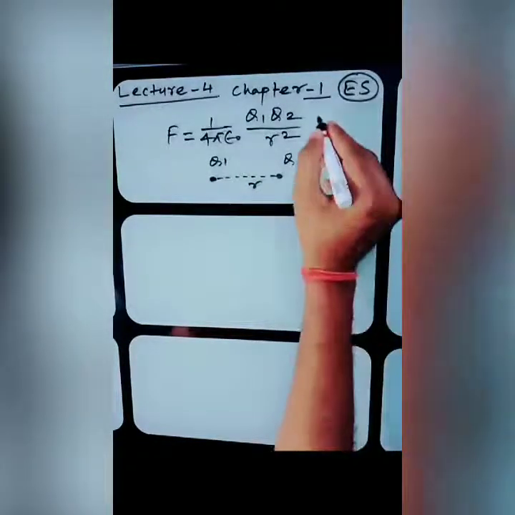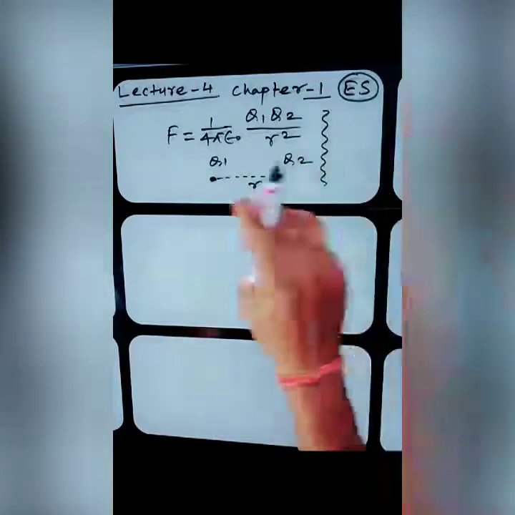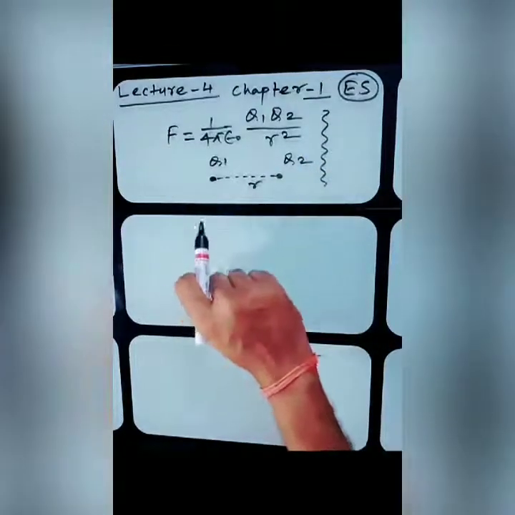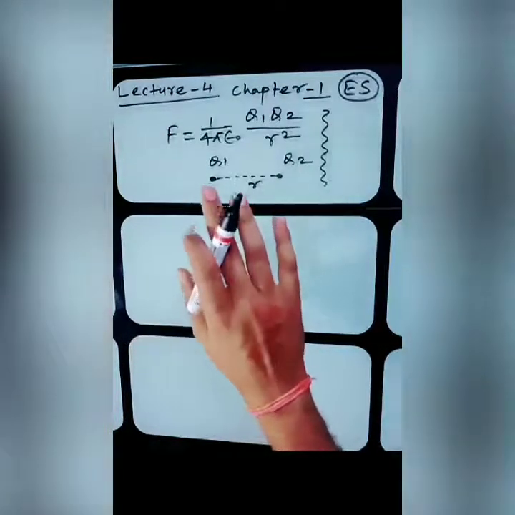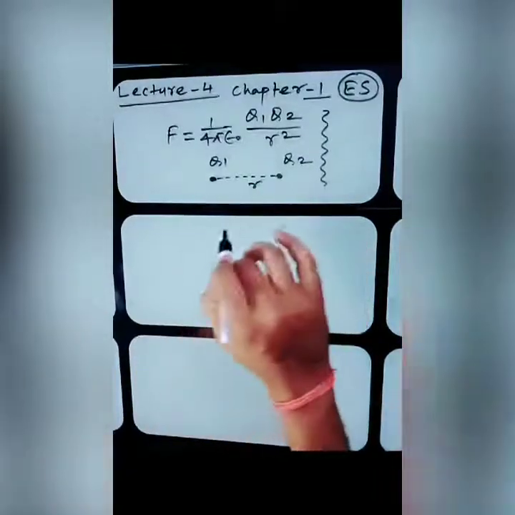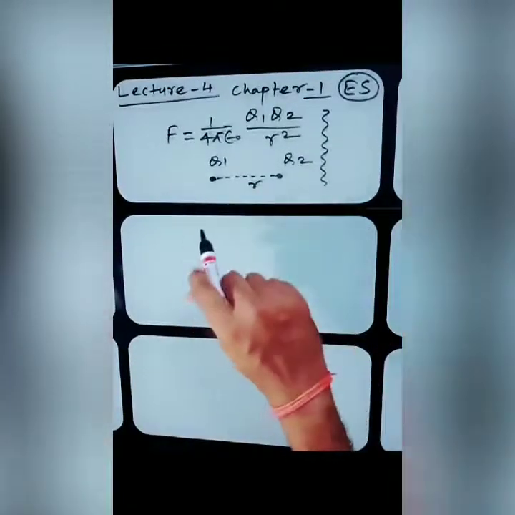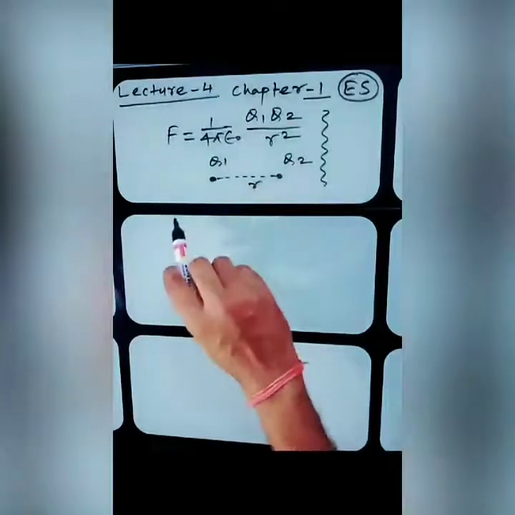Today we'll try to solve a very simple question on the basis of this law, and then we'll study its vector form. In the last lecture we discussed that this law is an inverse square law.